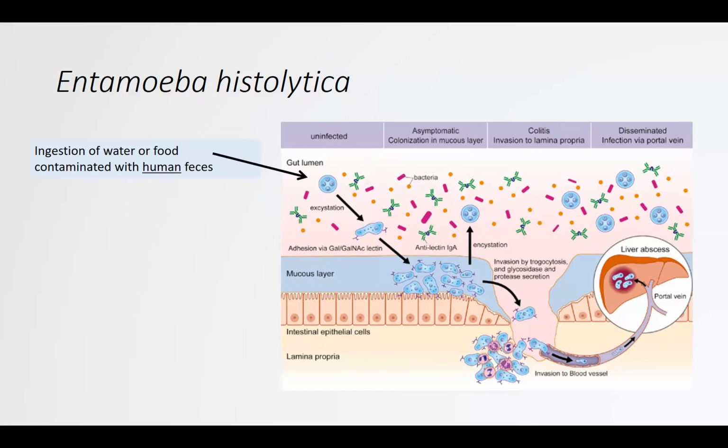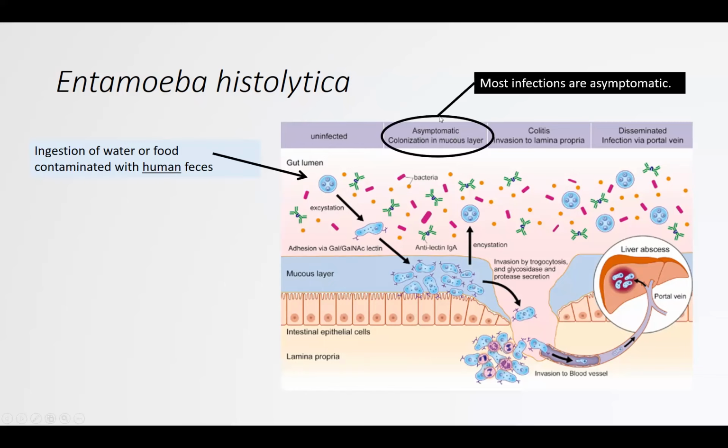Don't want to get into too much detail here about pathogenesis, but I just want to show you this is what he does. You eat the cyst, it comes in, it develops into the trophozoite, the actively feeding form, colonizes in the mucus layer. That is an asymptomatic state right there. And I want to point out about these parasites, histolytica, and I'll also mention again with Giardia, most infections are asymptomatic.